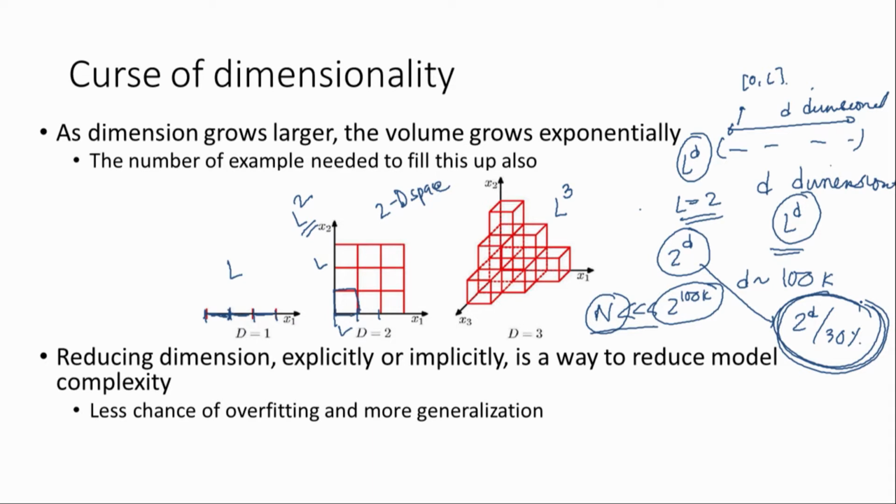The place where this shows up is when you're learning any kind of model over this very large space, let's say a decision tree. When you're learning a decision tree, you're explicitly taking decisions on combinations of features.